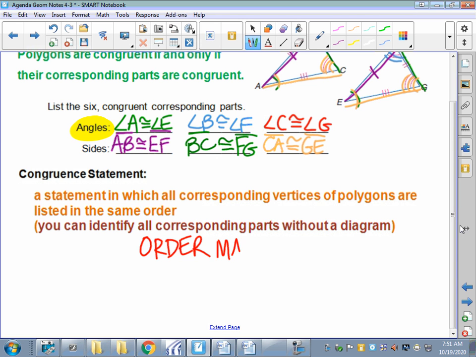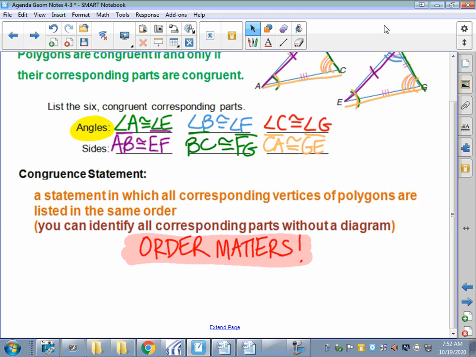The order in which you write these matters. So even if I don't have a diagram, if I give you a congruent statement, triangle ABC is congruent to triangle EFG, you know exactly what lines up, what goes where.